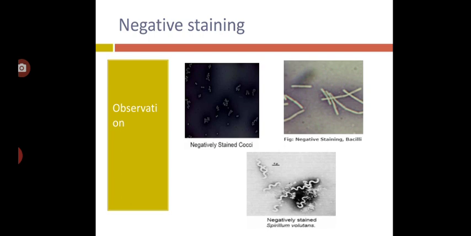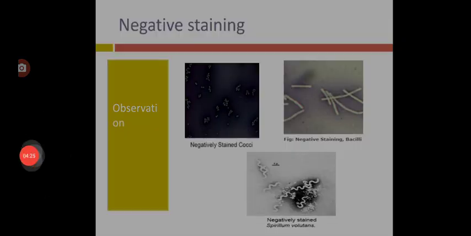In negative staining, the background gets stained while the bacteria or microorganisms remain unstained and can be well seen against a dark background, as you can see here.